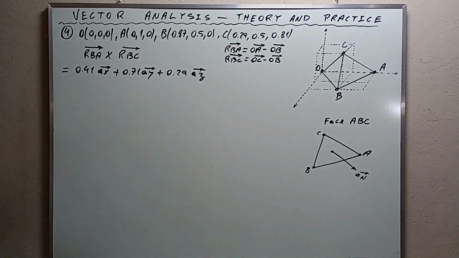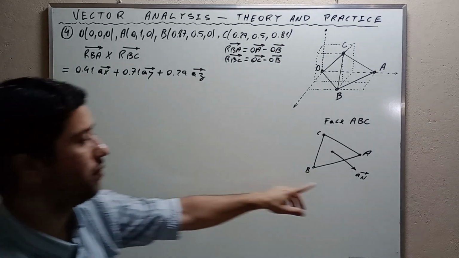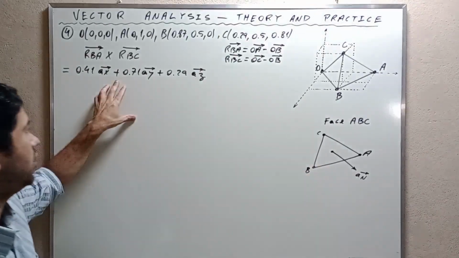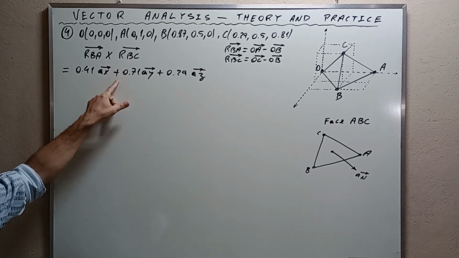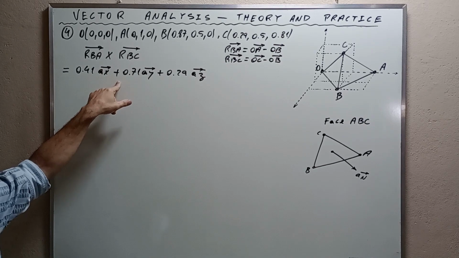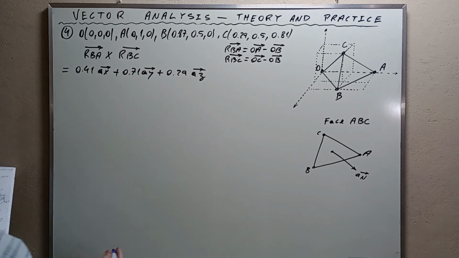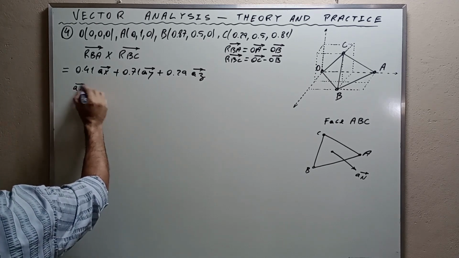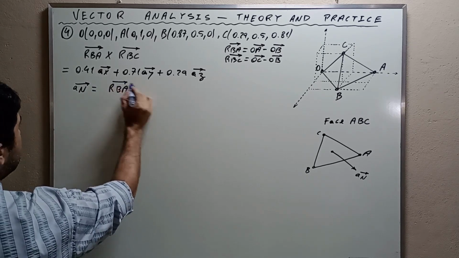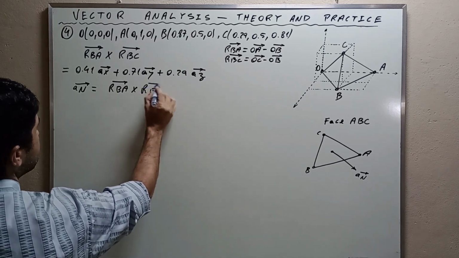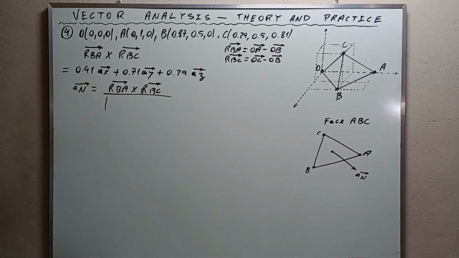And to calculate the unit vector in the direction of this vector here, we simply divide this very vector by the magnitude of the vector. AN is going to be the cross product divided by the magnitude of the vector resulting from the cross product.